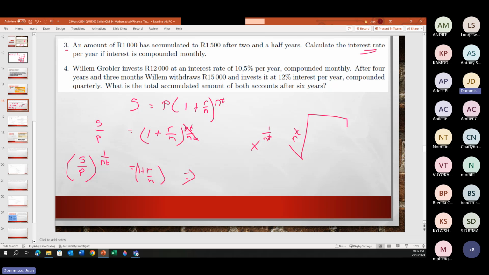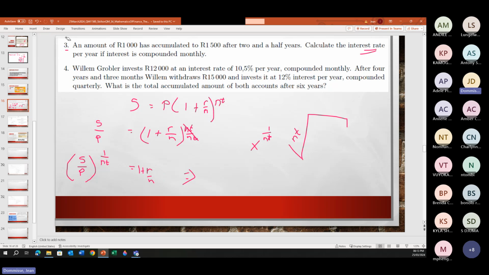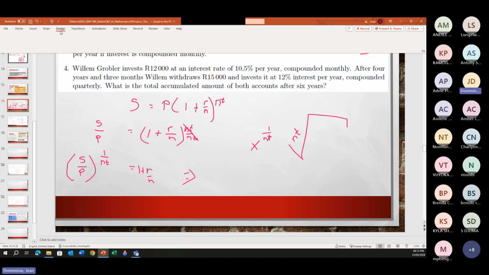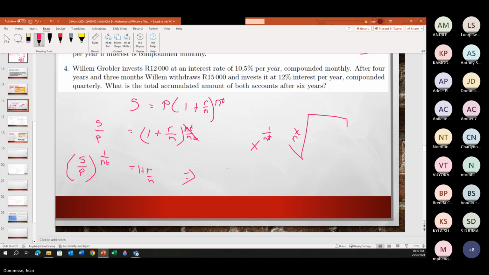So that will basically mean that now we will need to minus 1 on both sides.